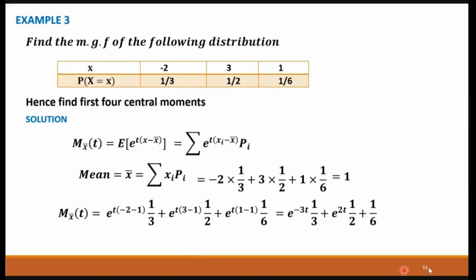Now, when you differentiate this with respect to t, directly we can write the central moment. अगर हमें raw moments नहीं निकालना है तो we can calculate about the mean and then differentiate this with respect to t and put t equal to 0.